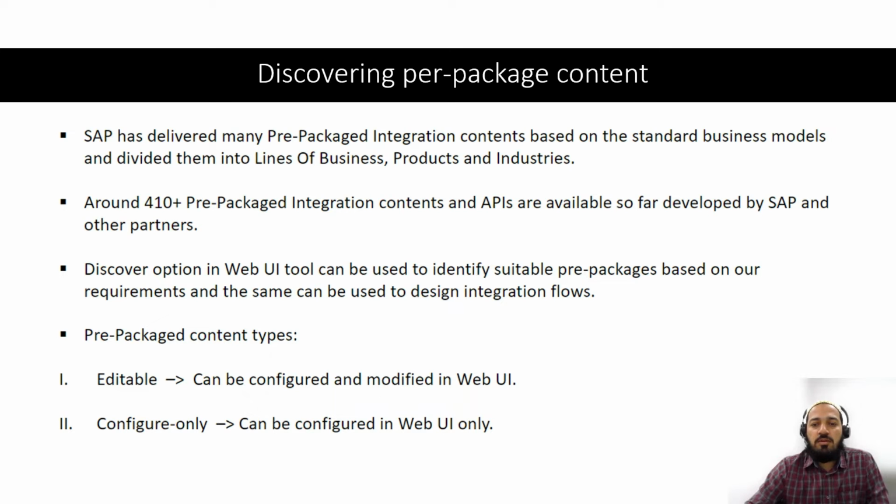Many different partners are also providing APIs and packages. The Discover option is on the web UI tool. We can identify a pre-package based on our requirement and what integration flow is required. It is editable and can be modified and configured through the web UI.